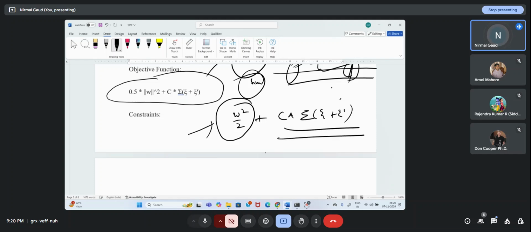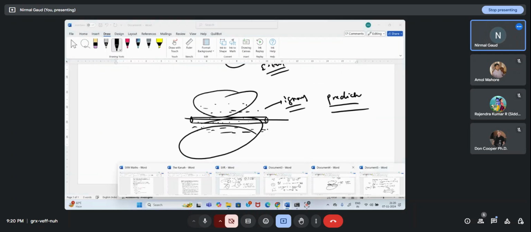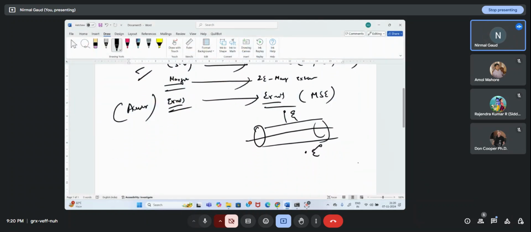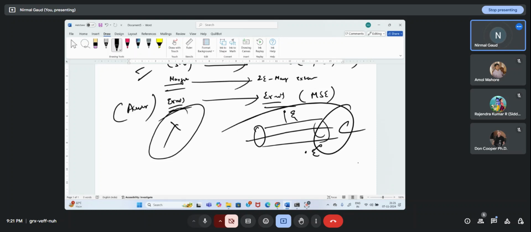This is the constraint equation. C is a control parameter. There I was having lambda. Now they are smart again, they changed the terminology for it. There we were having lambda, now we are having C on this side. It is also controlling.